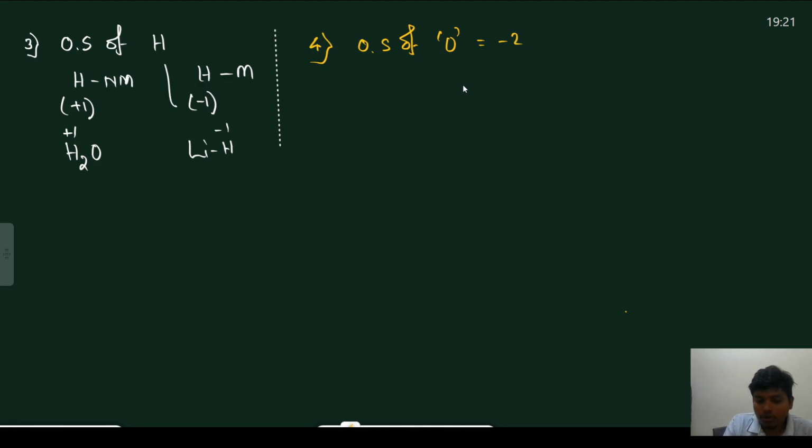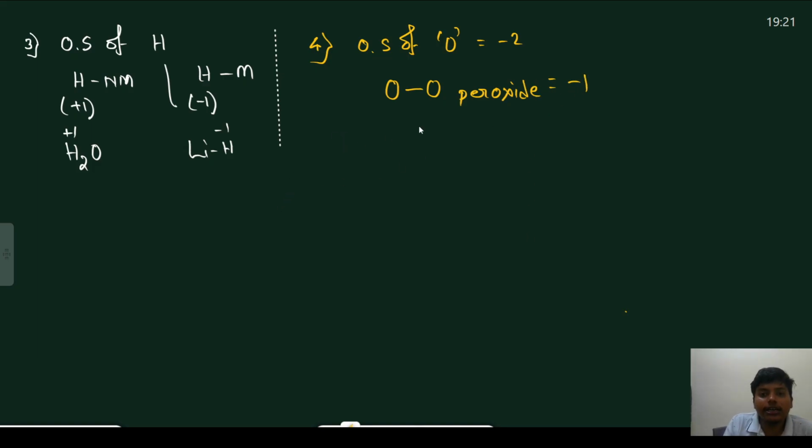But when oxygen is attached with another oxygen by a single bond, we call it peroxide. When peroxide is there, each oxygen has oxidation state -1.